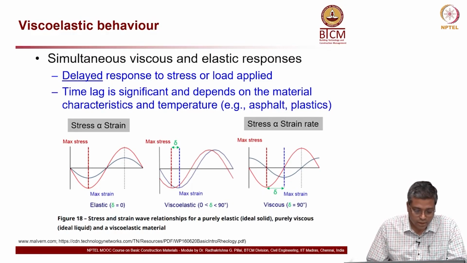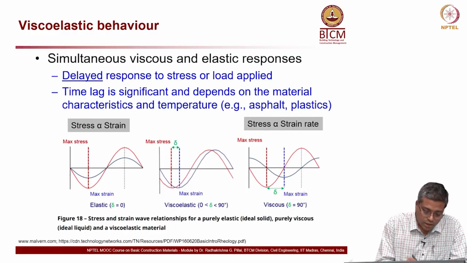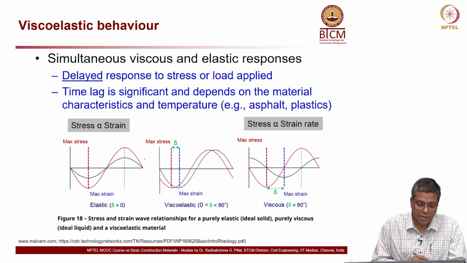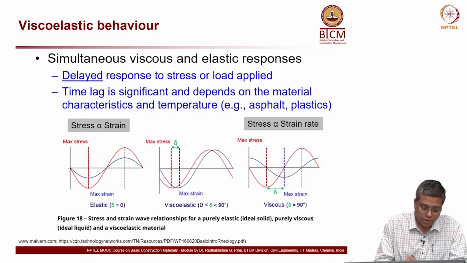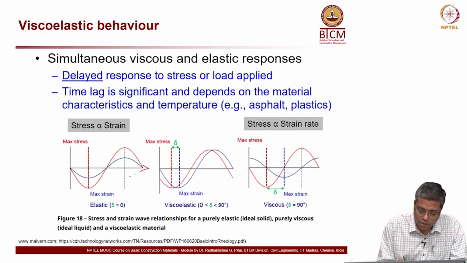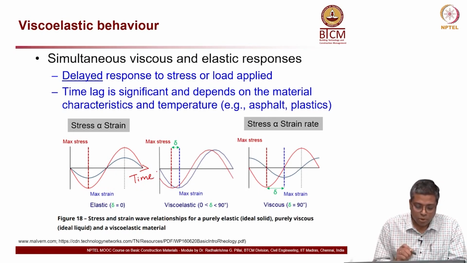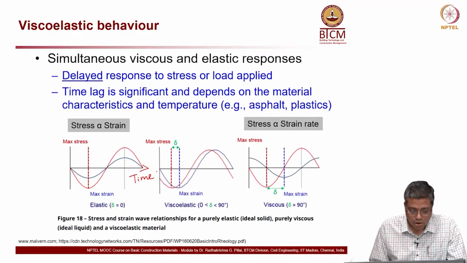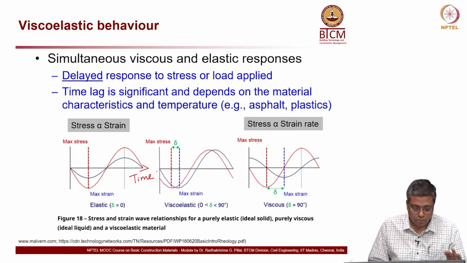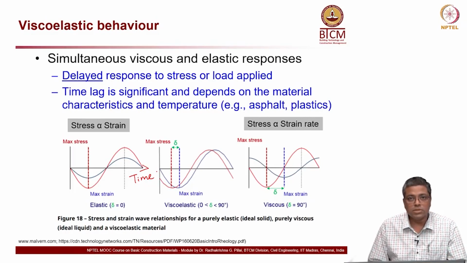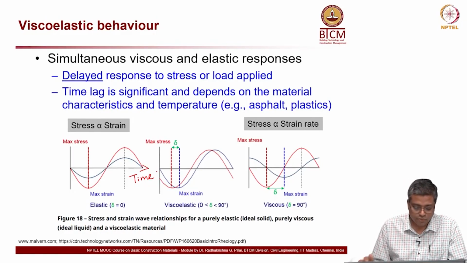In the first one, which is on elastic behavior, stress is proportional to strain, and you can look at that graph where you have the red curve, which is the stress curve, as a function of time. The blue or dark colored curve is on the strain, so you know which is the stress graph and which is the strain graph as a function of time.